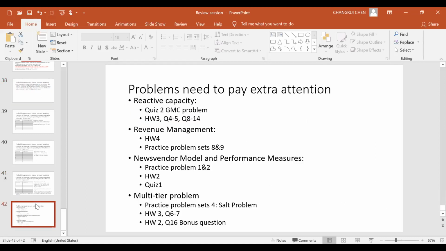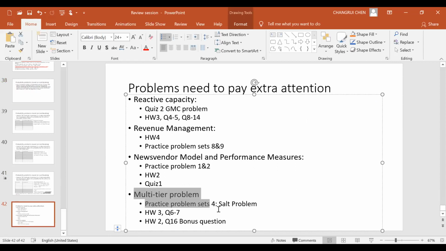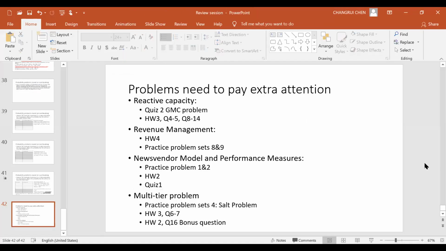And I listed some practice problems in the slides. You might need to go to the multi-tail problems in problem set 4, but if you don't have time, it's fine. This is optional.